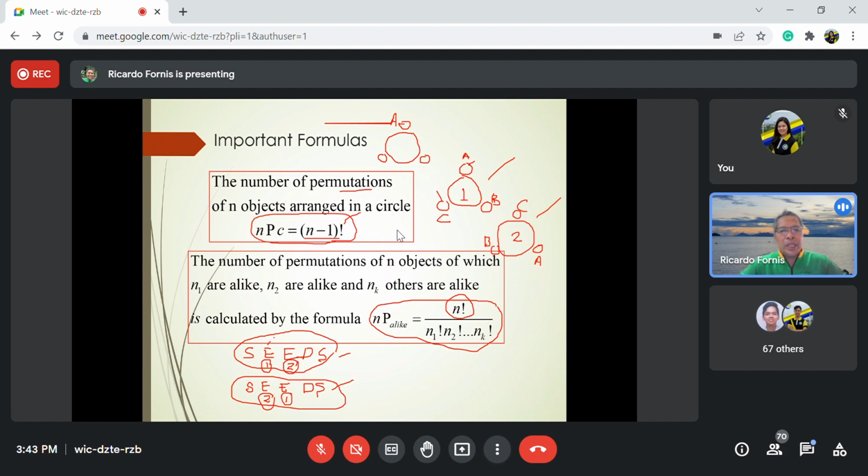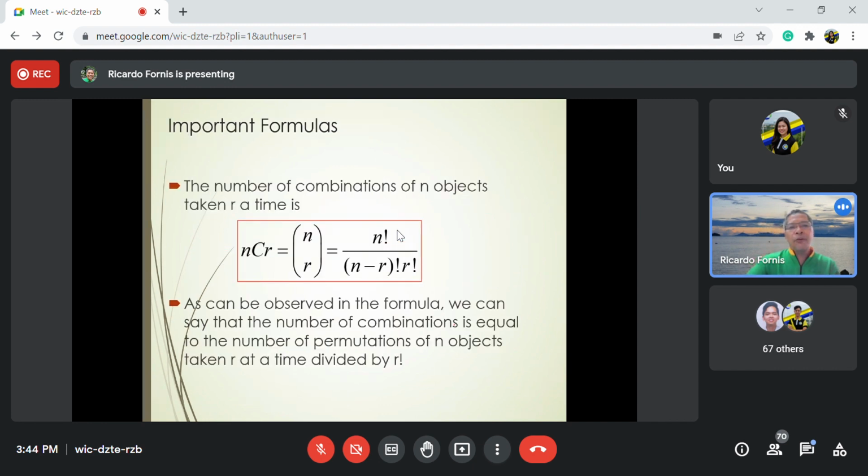In this case, n1 is 2 because there are 2 E's. n2 is also 2 because there are 2 S's, another letter. And we don't have other objects which are alike. So we just say 5 factorial over 2 factorial, 2 factorial. And that would be the number of permutations of n objects of which n1 are alike, n2 are alike, and nk others are alike.